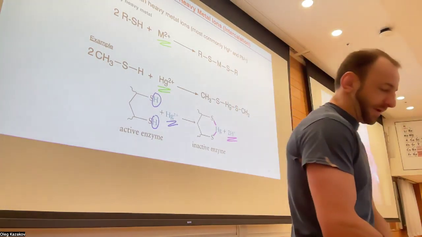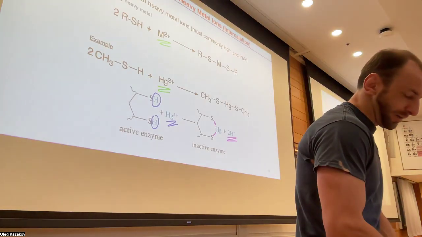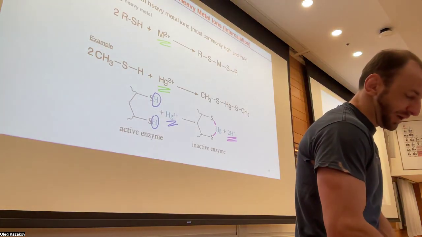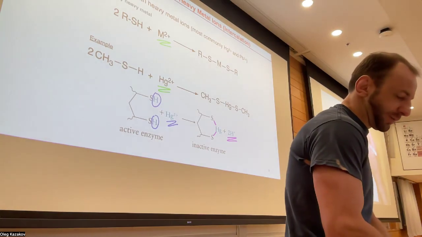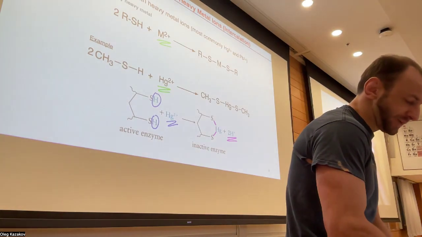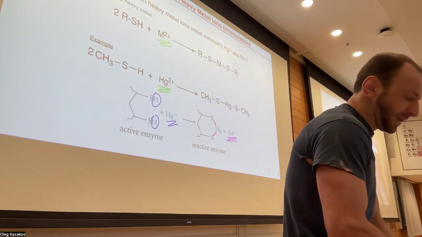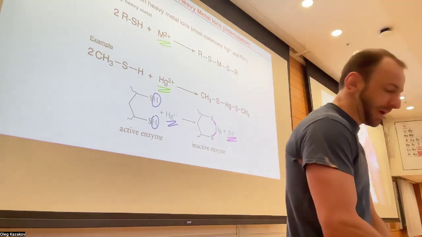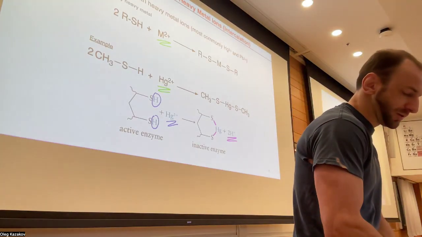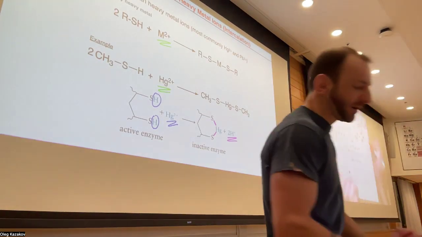Then if I somehow get Hg2 plus and react it with SH minus, like so, to make a proper compound, to make it neutrally charged, I'm going to have to use two SH minus anions.